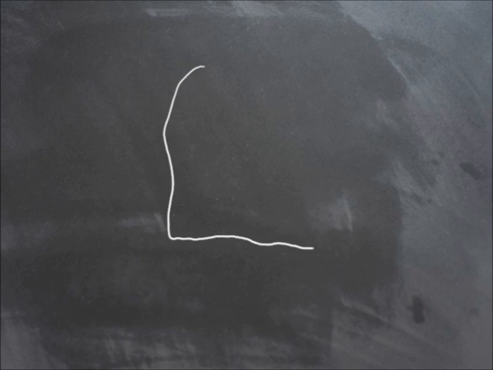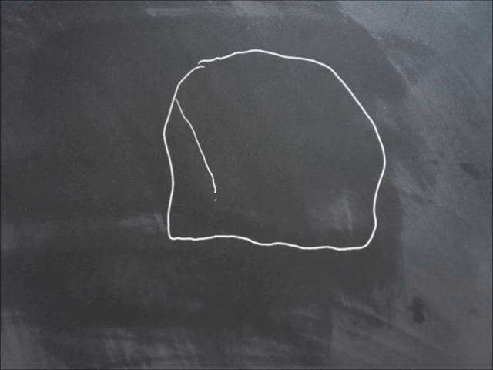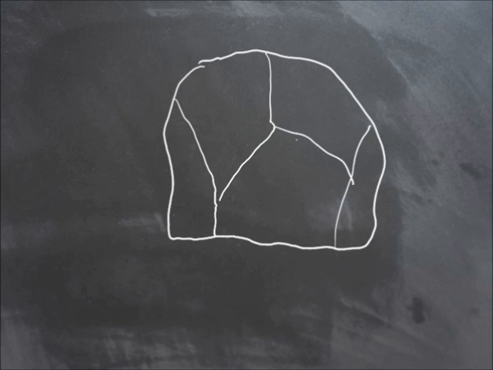So let's take a look at the posterior of the skull. Bone there, bone there. So this was that V suture we saw before.